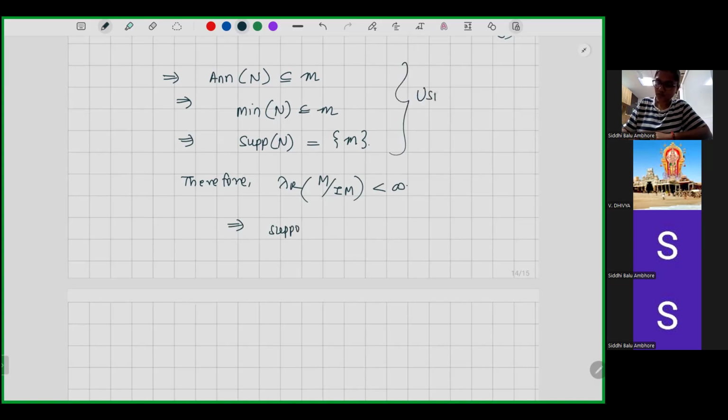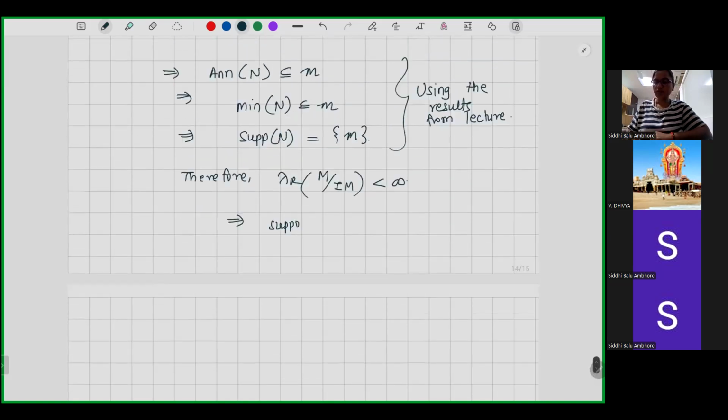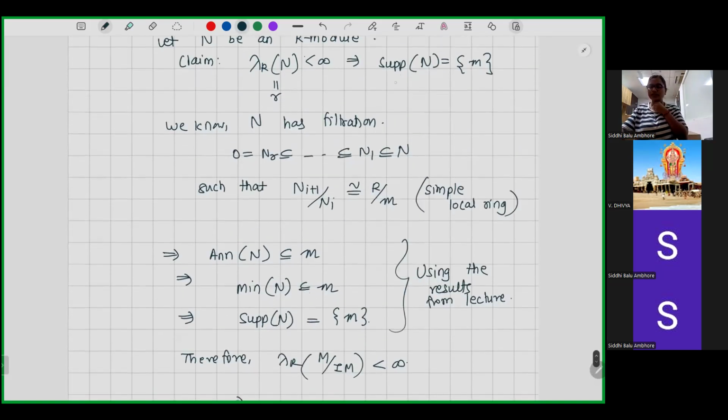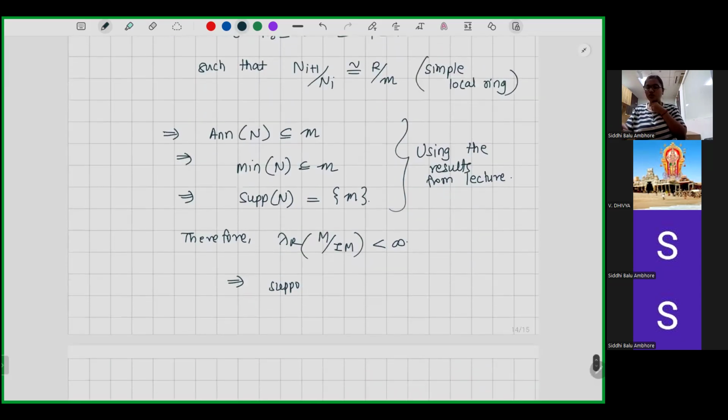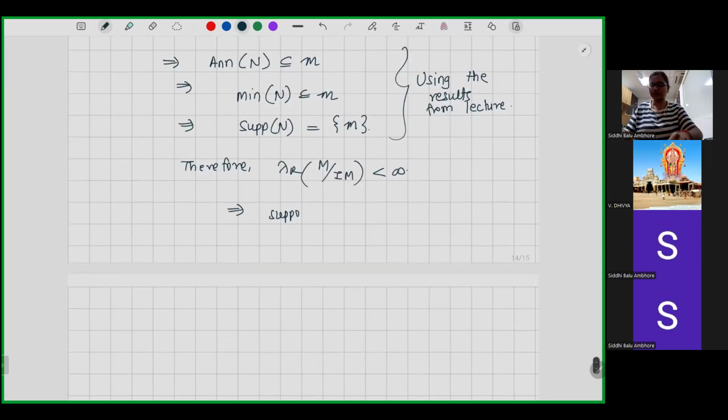You can see the results being used. Okay, so we got this, that the support is just a single element here. And so again, we are now in a local ring R, m, mod I m less than infinity, is finite. Then the support of this M mod IM is also just this singleton m.